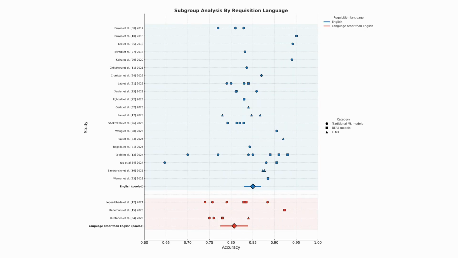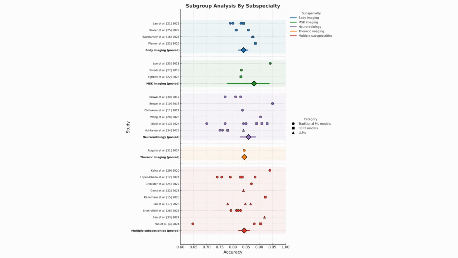When looking at requisition language, the English requisitions studies had a pooled accuracy of 85%, whereas the studies utilizing non-English language requisitions had a pooled accuracy of 81%, which was a statistically significant difference, demonstrating that AI models with inputs in English performed better than studies using inputs in non-English based languages.